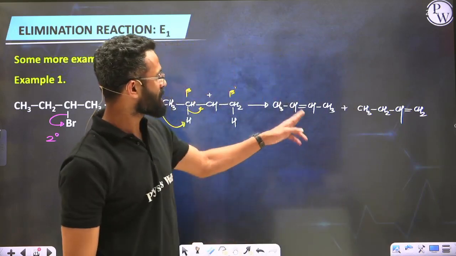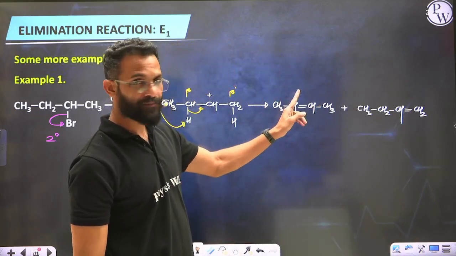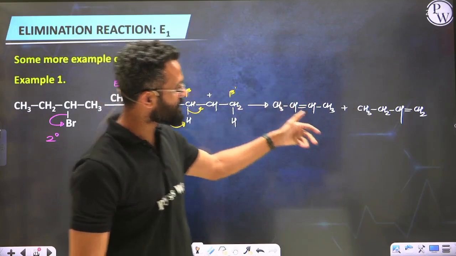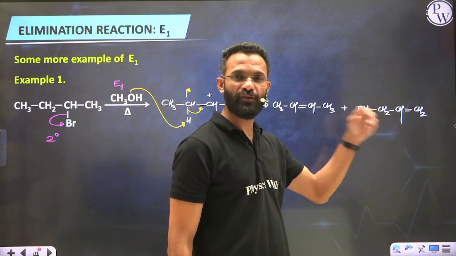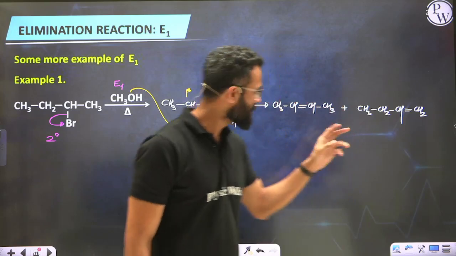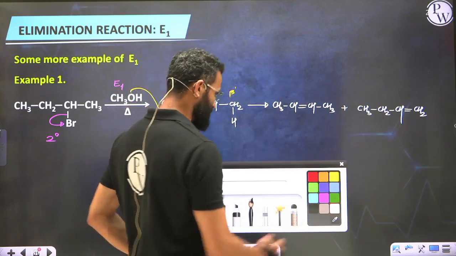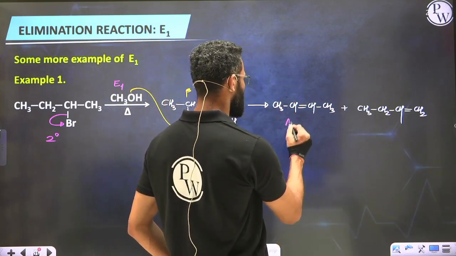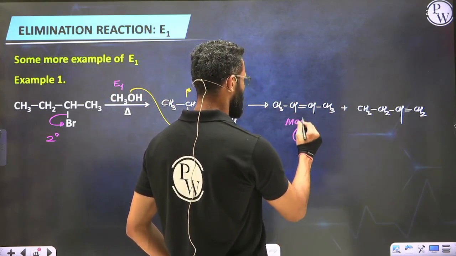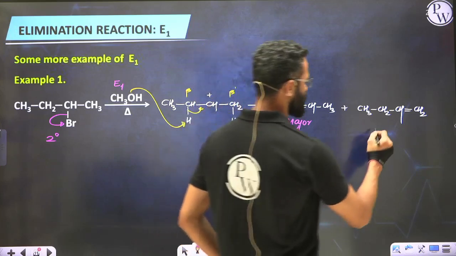So 2-butene has total 6 alpha hydrogens, so 6 hyperconjugating structures. 1-butene has only 2 alpha hydrogens, so 2 hyperconjugating structures. More the number of hyperconjugating structures, more stable the alkene is. Hence, I will say this is the major product. And this one is minor.